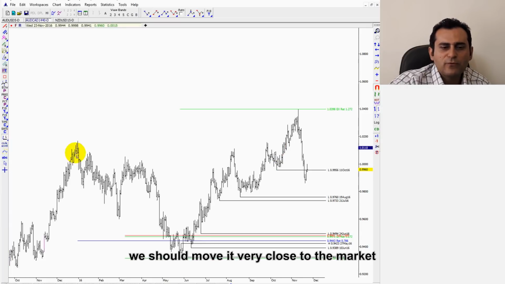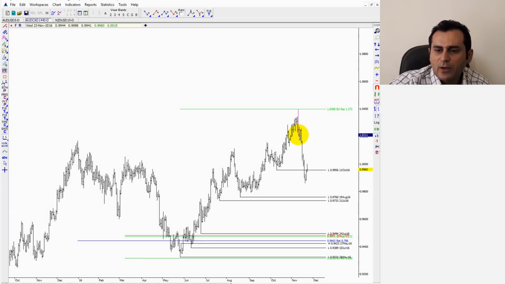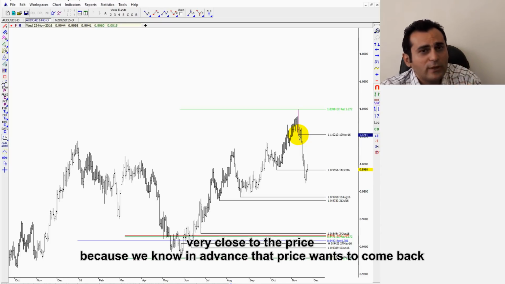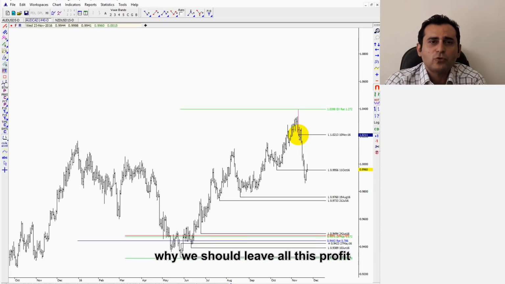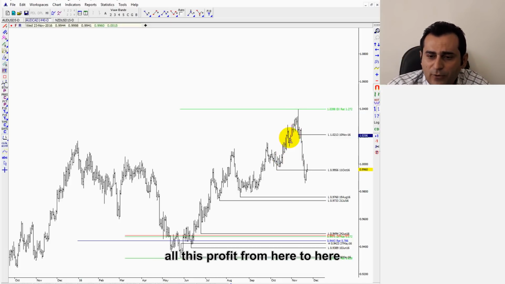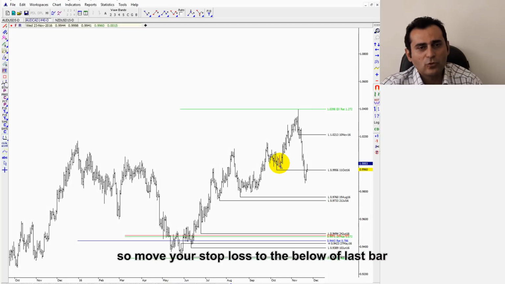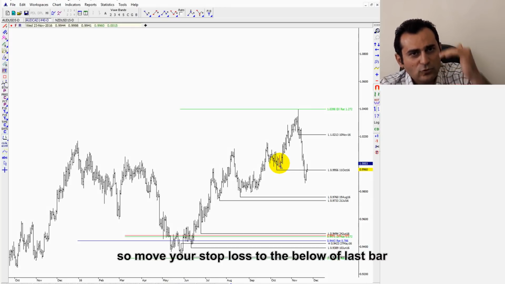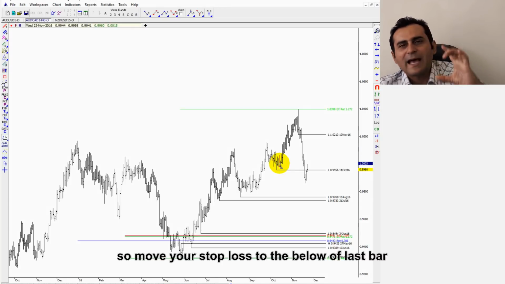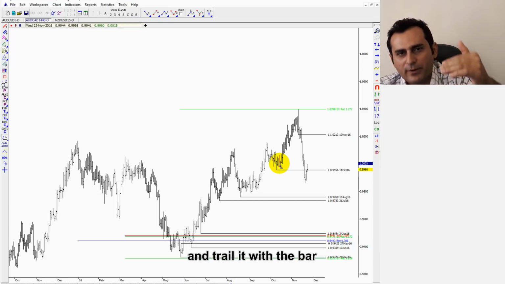We should move it very close to the market, very close to the price, because we know in advance it wants to turn back. Why should we leave all this profit from here to here? Okay? So move your stop loss to below the last bar and trail it with the bar until you stop out.